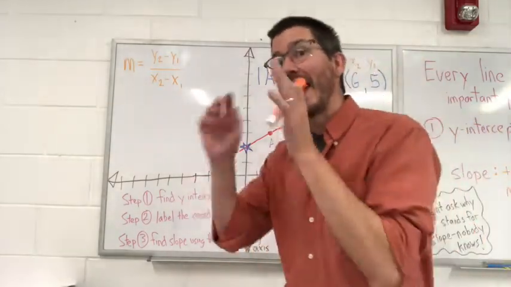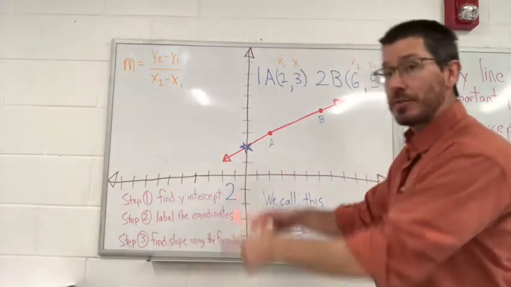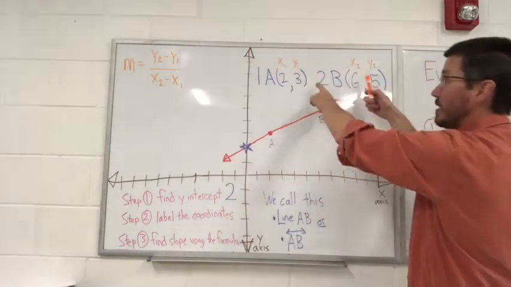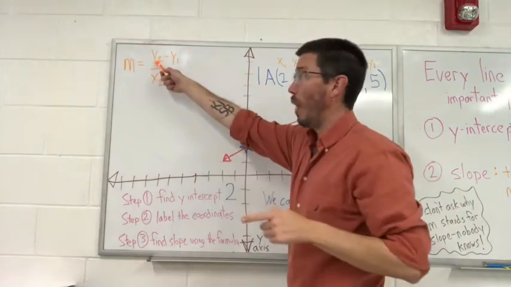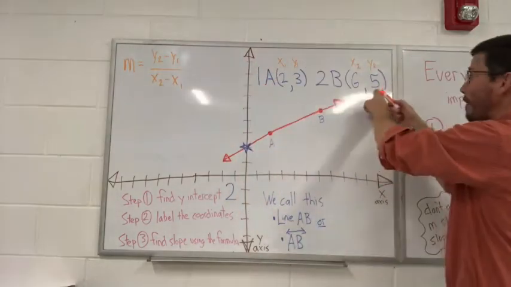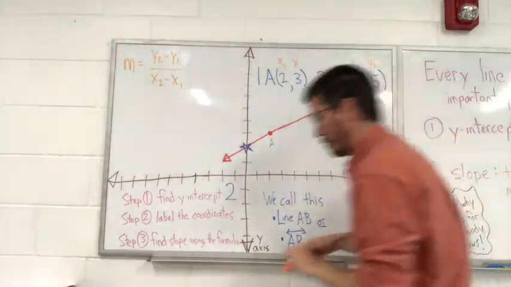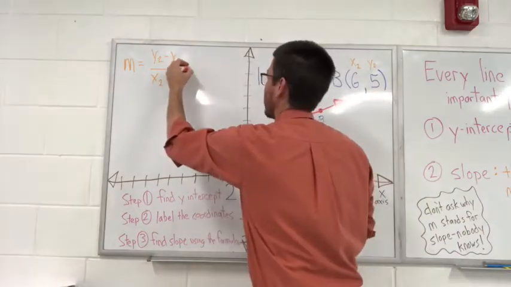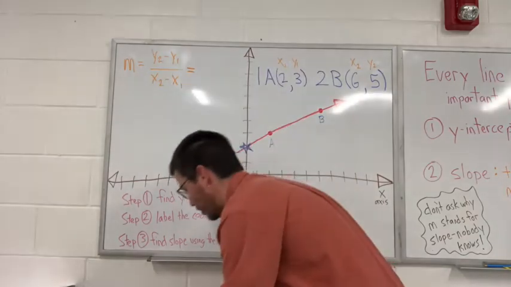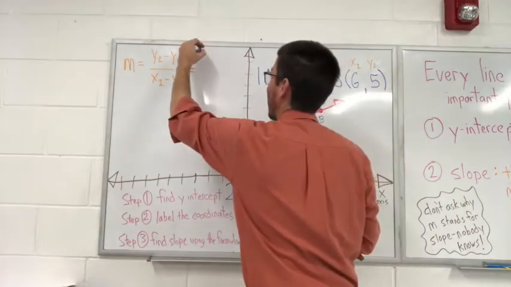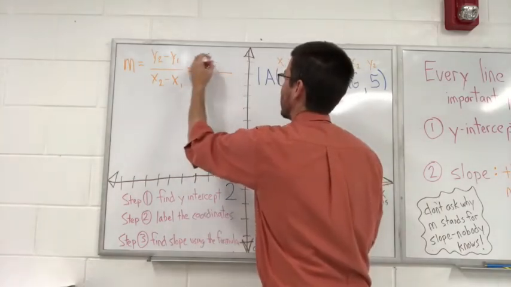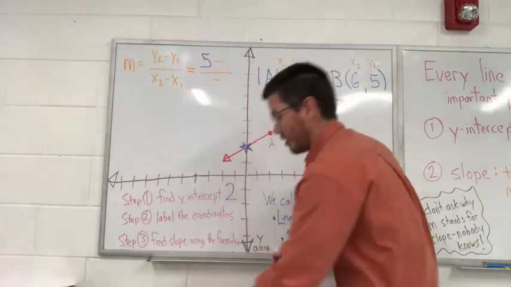All right? And now, we're just going to substitute these into theirs. Y2 is 5. I like to do it this way when I'm substituting. I'll even do this because this stuff doesn't change.